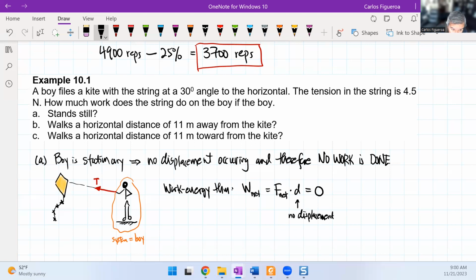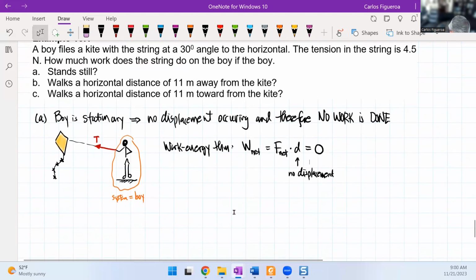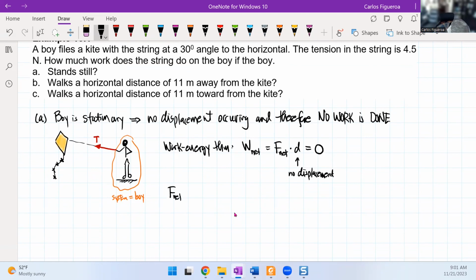So if I focus on the kite, then if I look at the net work here, that net work is going to be this tension force, and then I have to look at this displacement. And let me be careful. What I said is, what is the work on the string or the tension done on the boy?